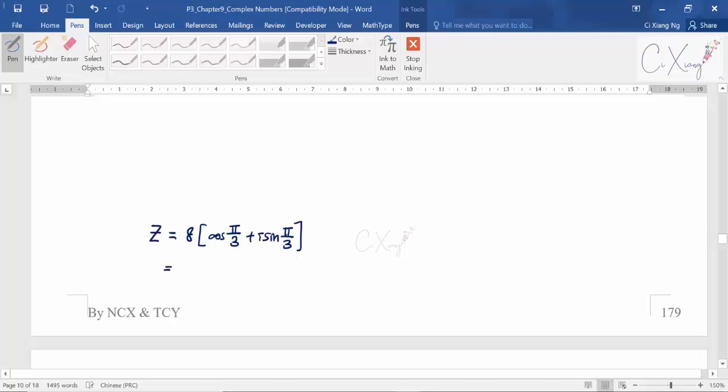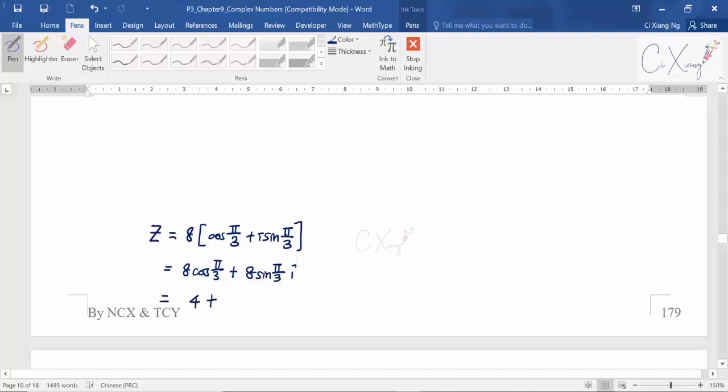Very easy. To change the polar form into the Cartesian form, you just expand the bracket first. So you have 8 cos pi over 3 plus 8 sine pi over 3 i. Then you press the calculator. Cos pi over 3 means 60 degrees, so cos 60 is half, right? So 8 times half, you get 4. Or you can just straight away press the calculator to help you.